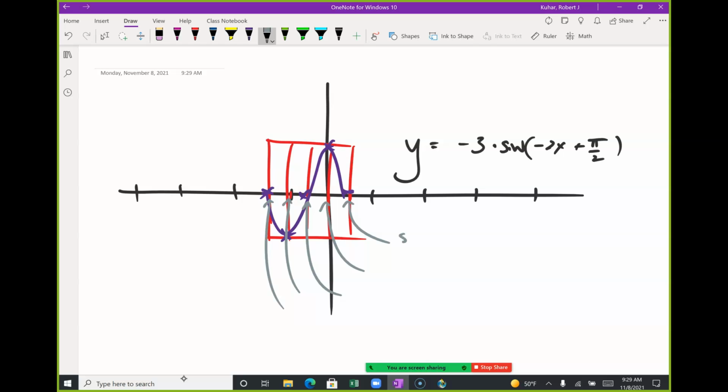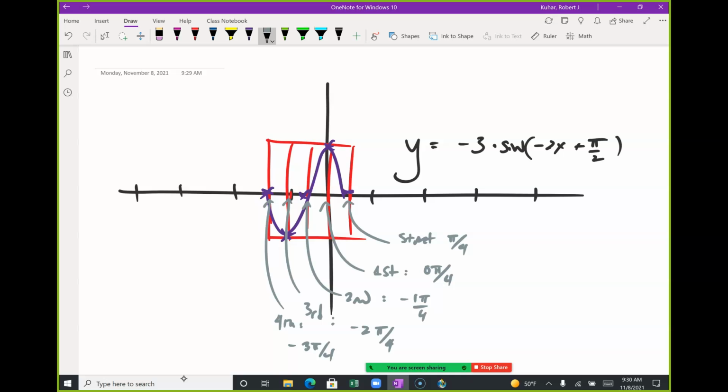Start was pi over 4. First step went to 0 pi over 4. Second step went to negative 1 pi over 4. Third step went to negative 2 pi over 4. And I ended at negative 3 pi over 4.